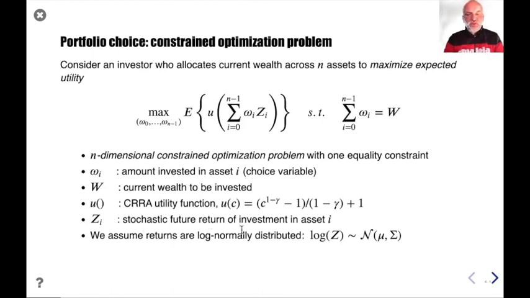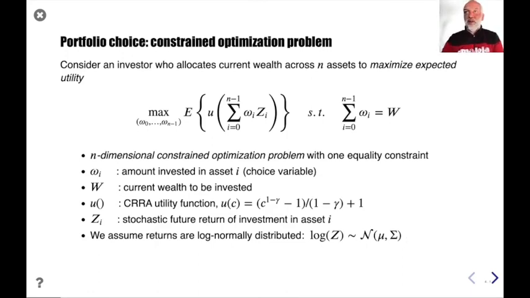We assume that the stochastic future return on the investment I is log normally distributed, and you can write that in this particular way. The log of the returns is normally distributed with parameters mu and sigma, where mu is the mean and sigma is the variance covariance matrix of the many different returns.